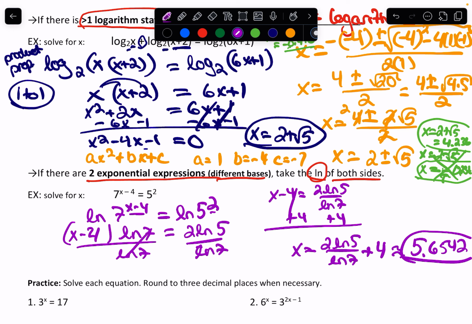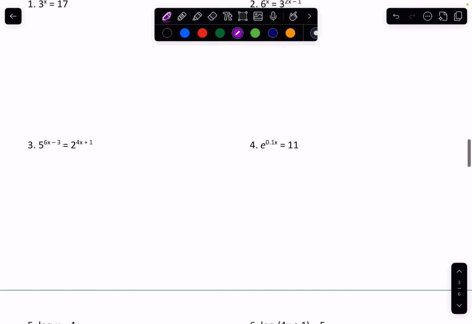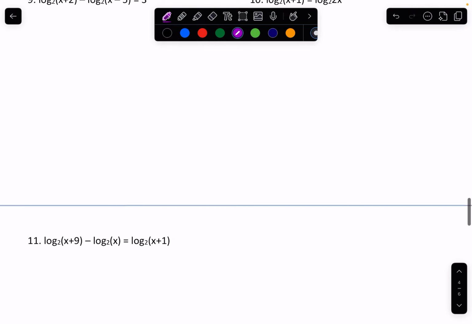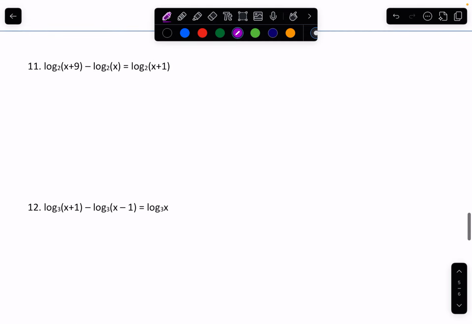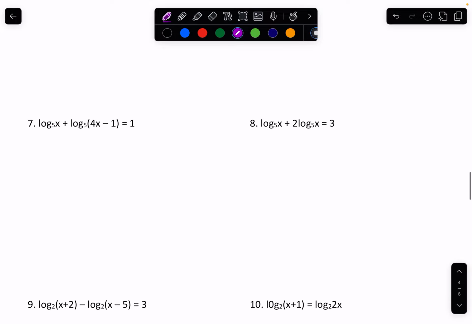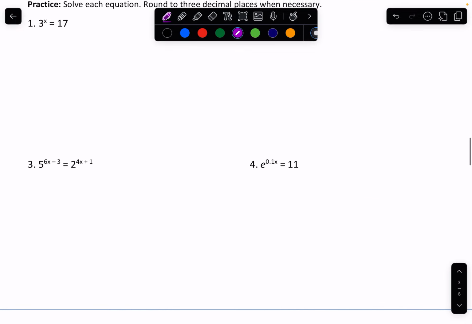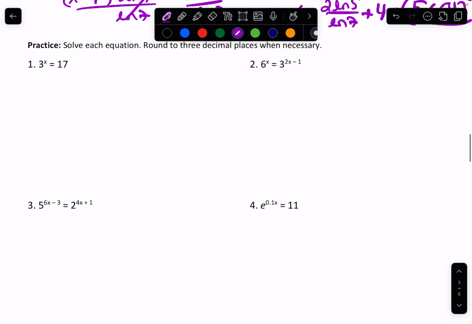Okay, these next problems here, 1 through 12, are going to be practice problems. What I suggest is that you pause the video and then see what you can get done on your own. To make this video a little bit shorter, I'm trying to think.